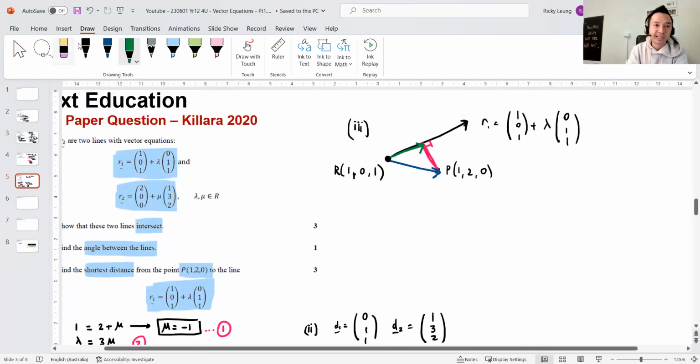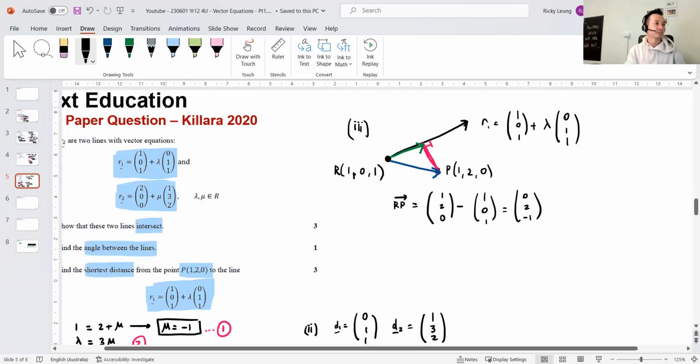So step 1, let us find the vector RP. RP equals (2, 1, 2, 0) minus (1, 0, 1). What's that? (0, 2, -1). Just to confirm that, perfect. That is my blue vector. Now I need the vector projection, this guy here.